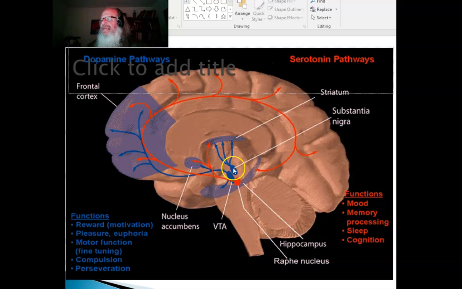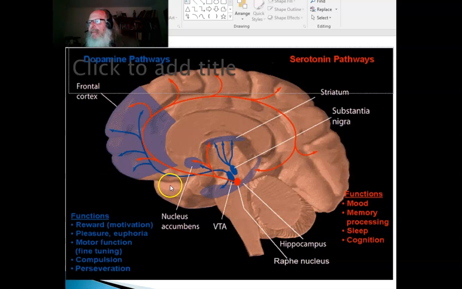And as I pointed out before, if you follow the path of the serotonin related neurons in red, they extend through a bigger proportion of the brain than the dopamine pathways in blue.